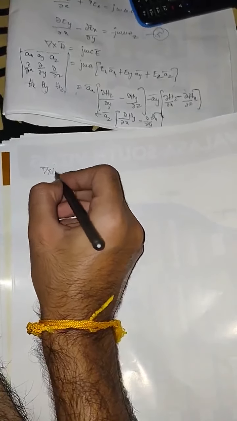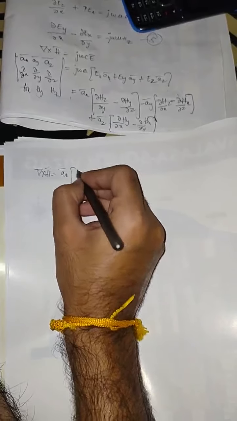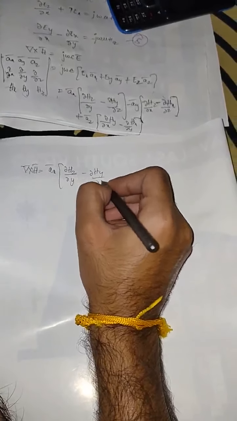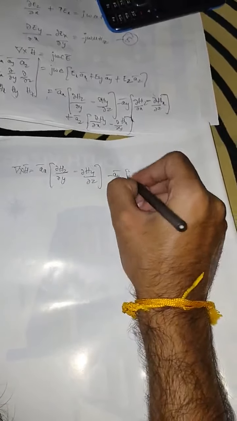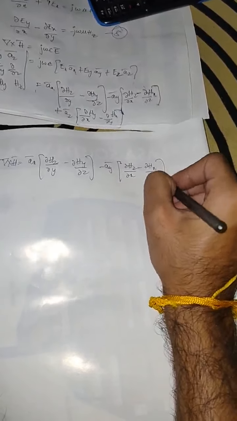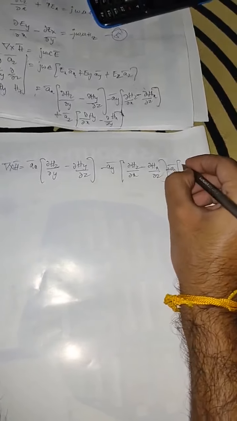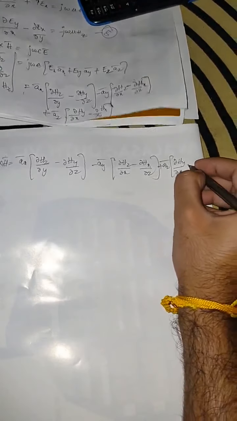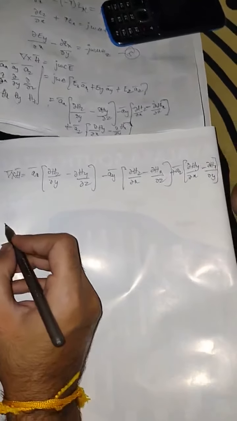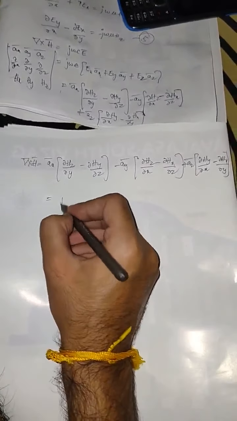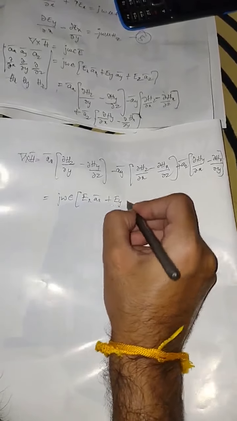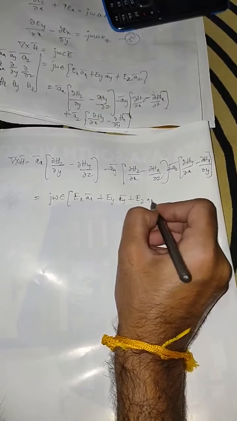So this curl of H bar value is nothing but ax (∂Hz/∂y minus ∂Hy/∂z) minus ay (∂Hz/∂x minus ∂Hx/∂z) plus az (∂Hy/∂x minus ∂Hx/∂y), which is equal to jωε (Ex ax plus Ey ay plus Ez az).